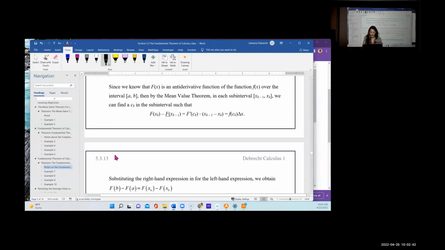Now we know that f of x is an antiderivative, so we can use the mean value theorem, not the mean value theorem for integrals, the actual mean value theorem, the one that says somewhere the slope of the tangent line is equal to the slope of the secant line.